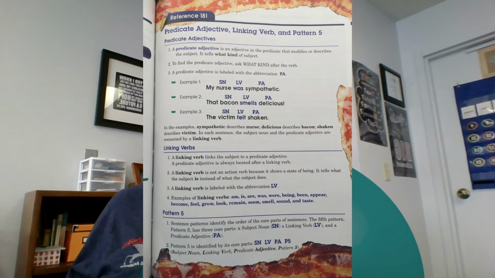All right, now let's take a quick look over here. We're going to look at page reference 181, page 633. And we're going to learn pattern 5, which has 1 noun, a linking verb, and a predicate adjective. So you've got subject noun, linking verb, predicate adjective.